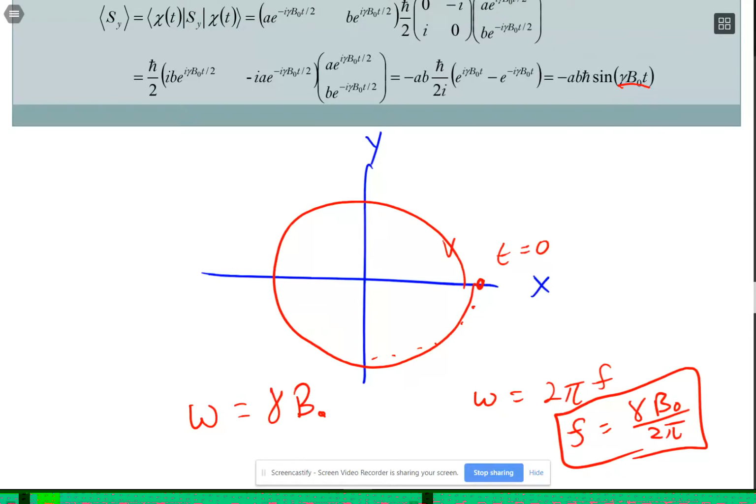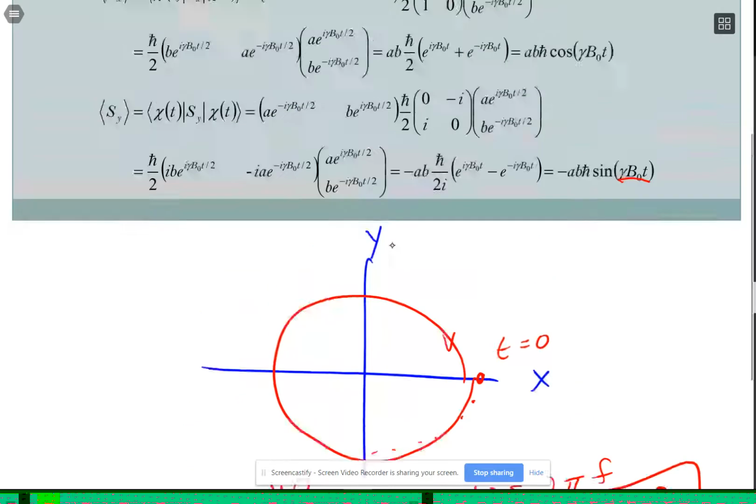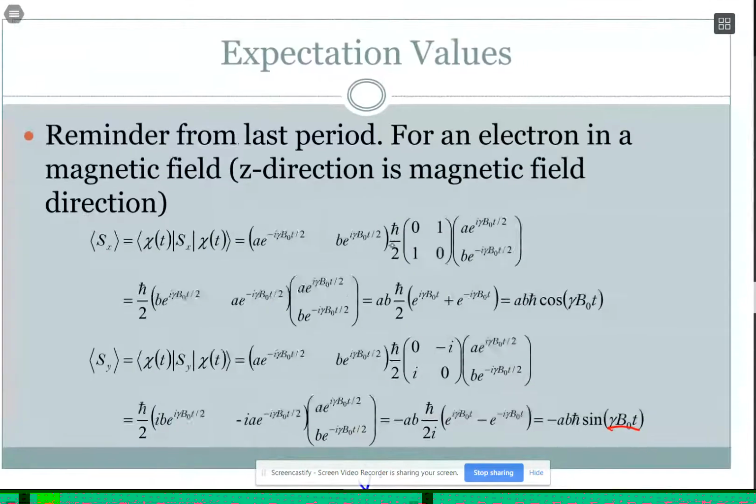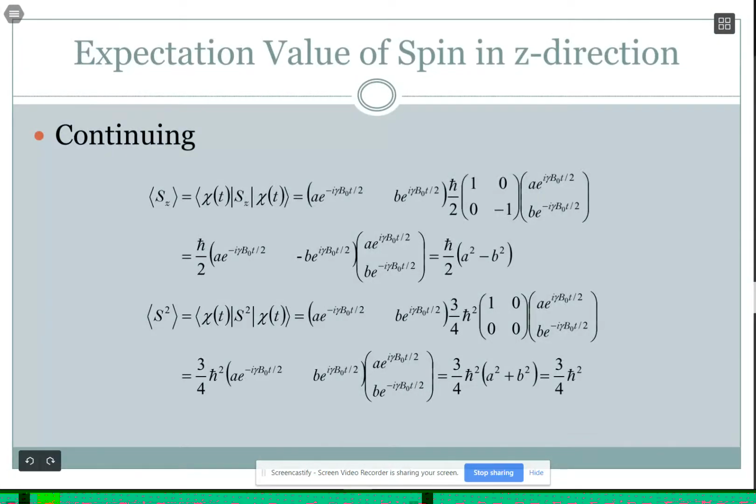So this is something that chemists take advantage of, as well as medical professionals. Looking at the Z component, the Z direction is constant, just as you would expect, right? You expect it to be constant in the Z direction because we have learned that you can have a constant measurable component in one direction, but not all three.